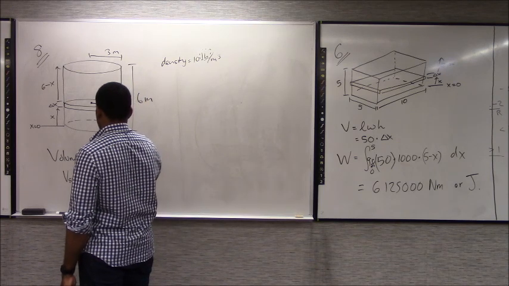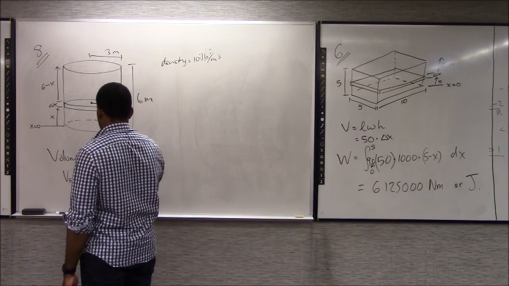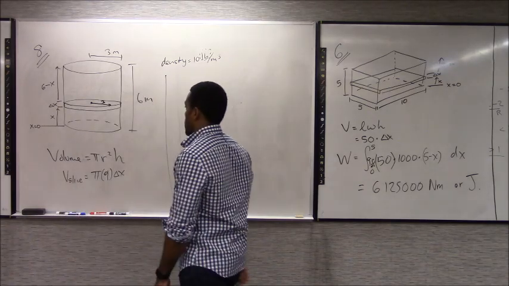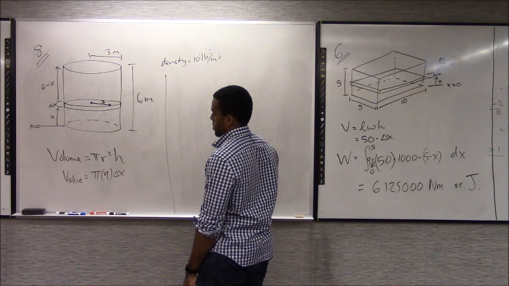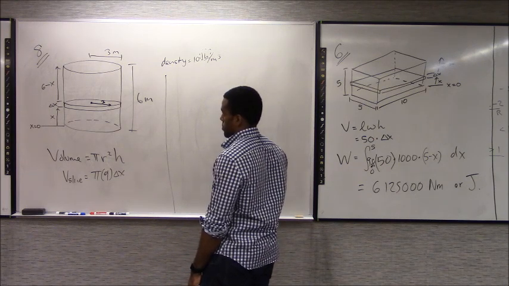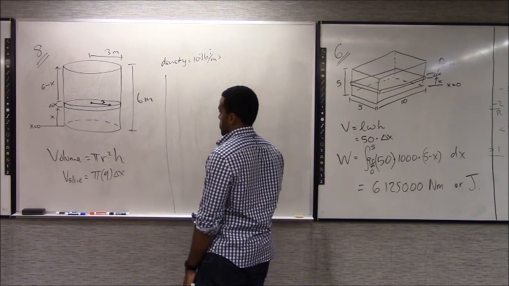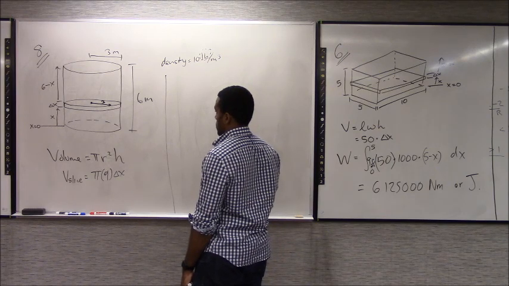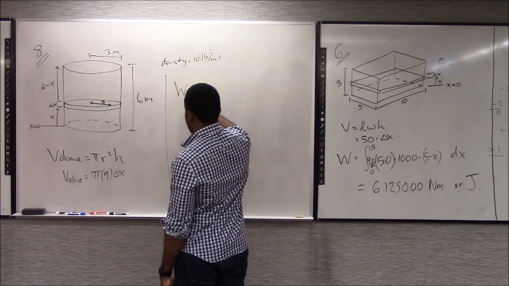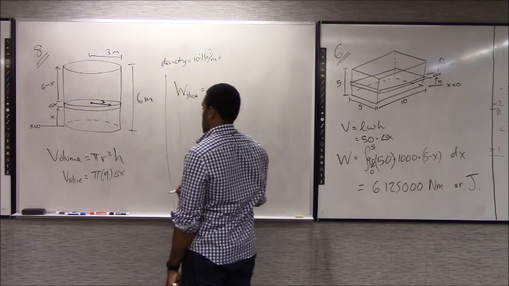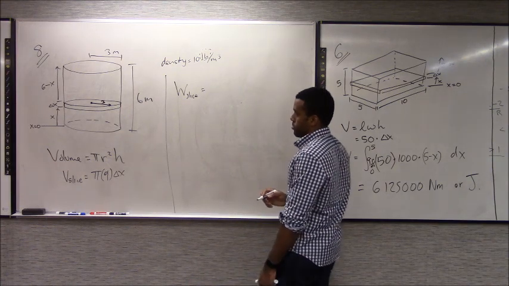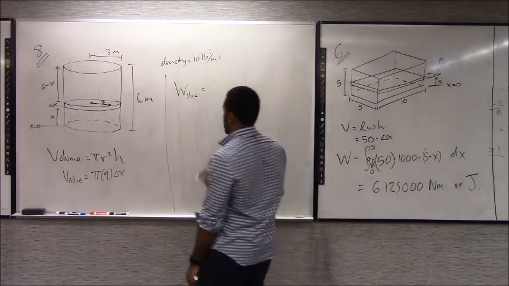Nine pi delta h. Right. Delta x. 9 pi delta x. Okay, and so now what? So now we integrate, I think. Well, we find the work for that slice, which is going to be volume times density times distance.